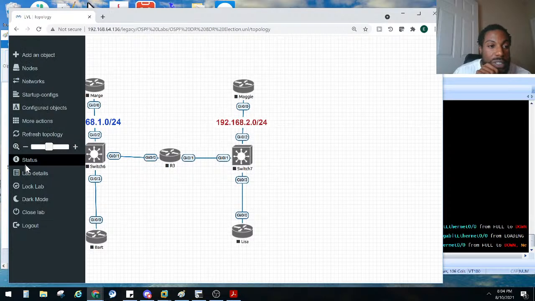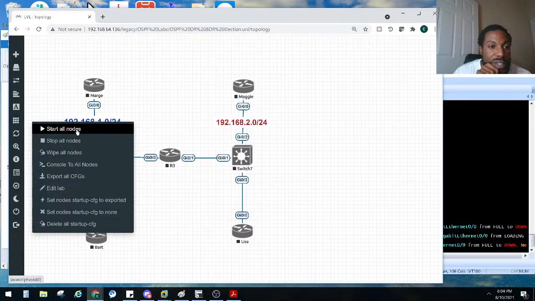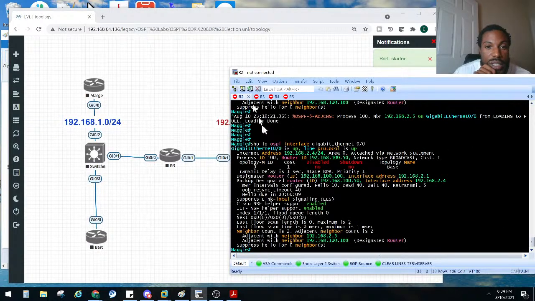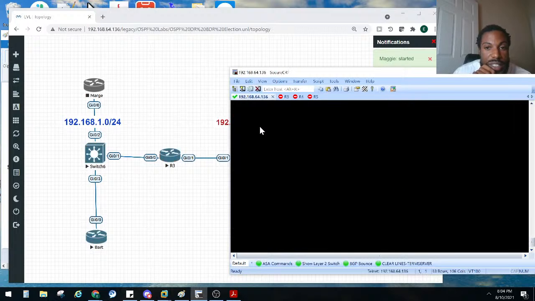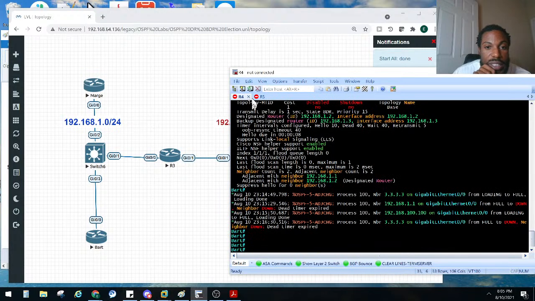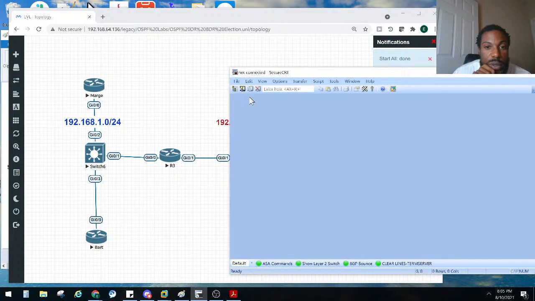Let me go ahead and power all these bad boys on. More actions, start all nodes. Let me go ahead and close these, because I was kind of going through it.